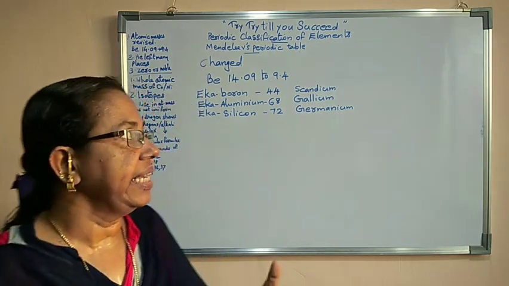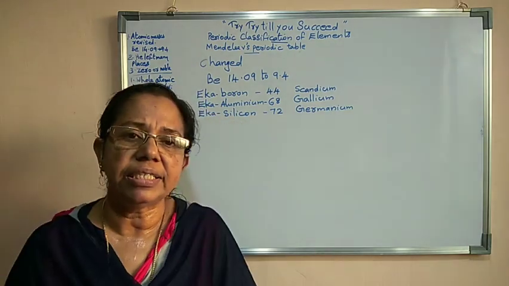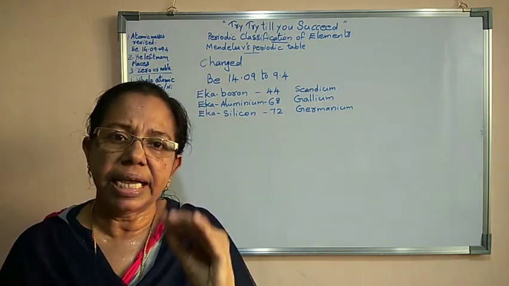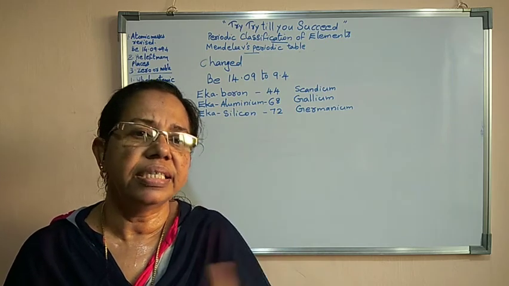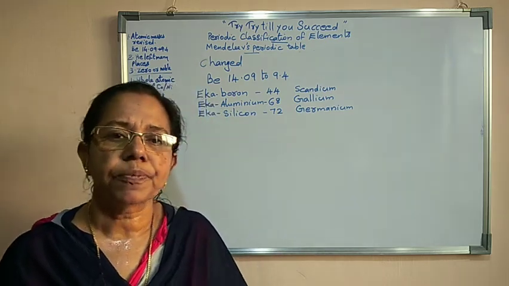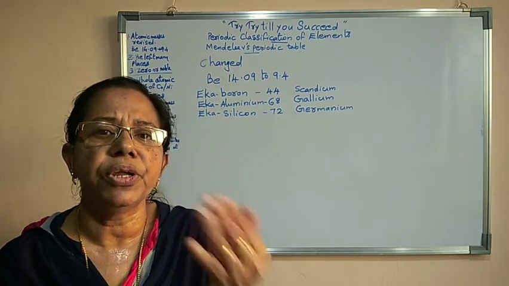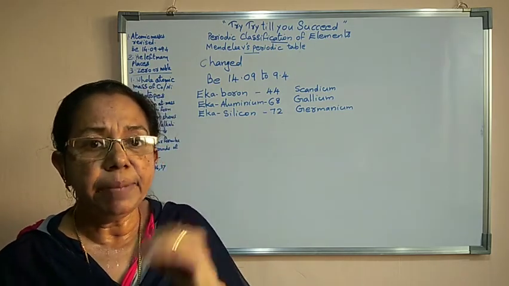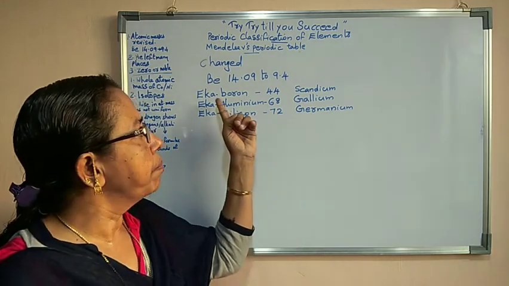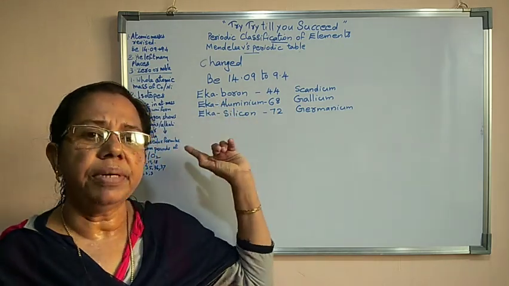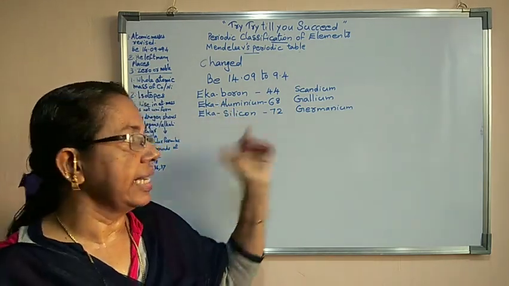So we can say that he left many places in his periodic table for the undiscovered elements. He predicted three elements and named them Eka boron, Eka aluminium and Eka silicon.